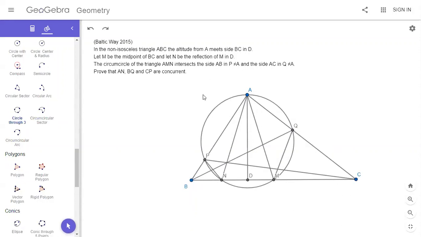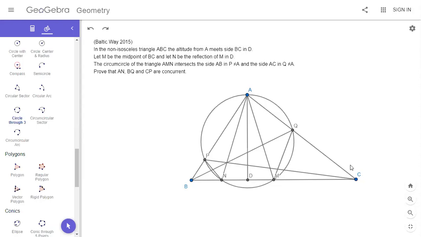Let's see why that is. BPQC we want to show is cyclic. It seems like that's got to be easy.